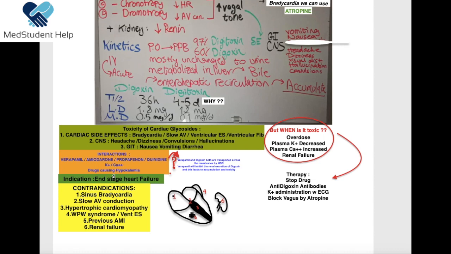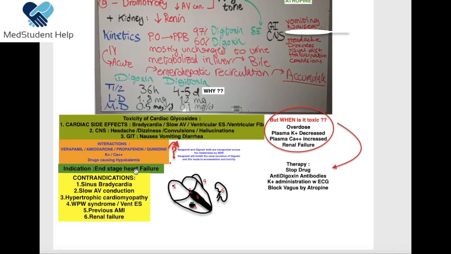Or if the patient was taking a calcium supplement, this might be an interaction too, because we don't want a huge effect of the drug. Or maybe thiazides. As you know, thiazides increase calcium absorption. So we might not give a patient cardiac glycosides if they are taking thiazide diuretics too.